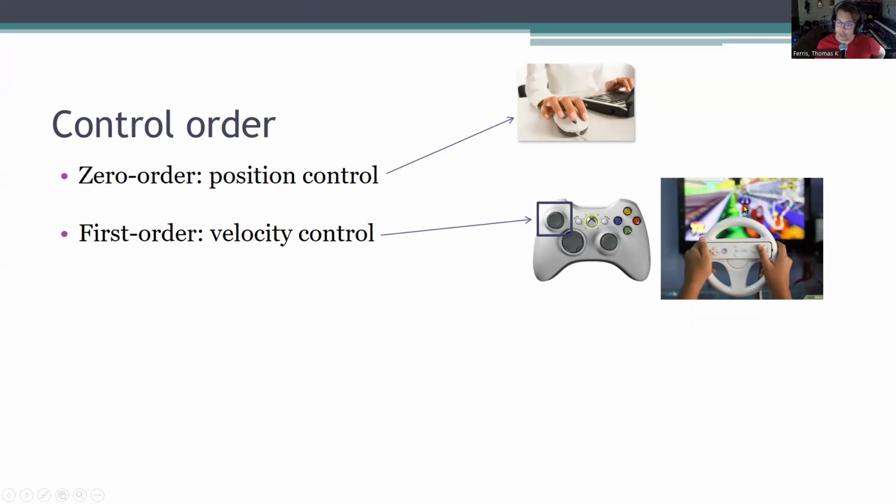If I'm playing Mario Kart and I push to the left here, that changes the orientation of my car and it makes it go with a certain velocity laterally to the left or right. It's not a position thing. So if I push, I'm going to go a little bit to the left and my car starts going this way and I let go, it doesn't snap back to the original position. So it's not a position change. It is a velocity change, right?